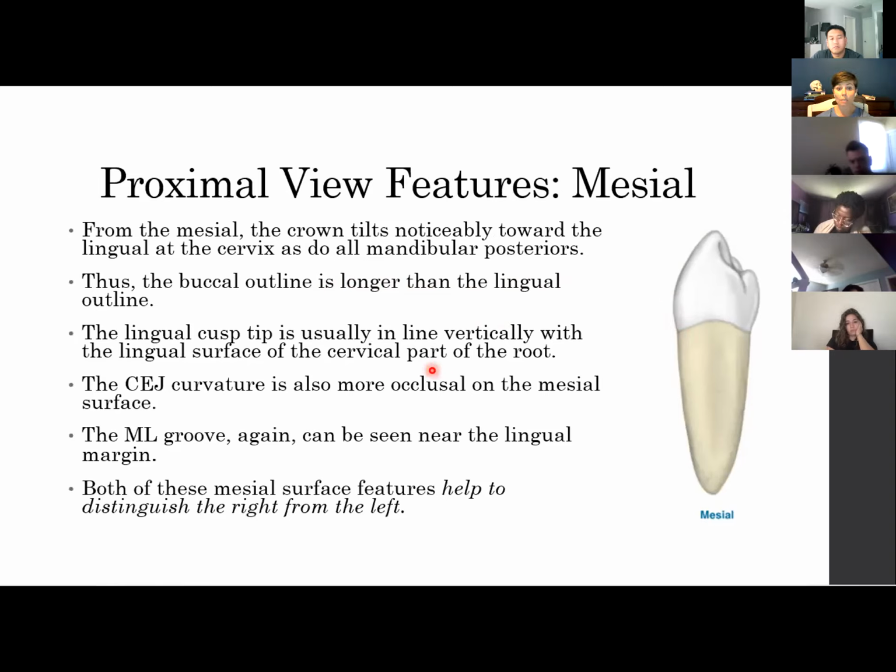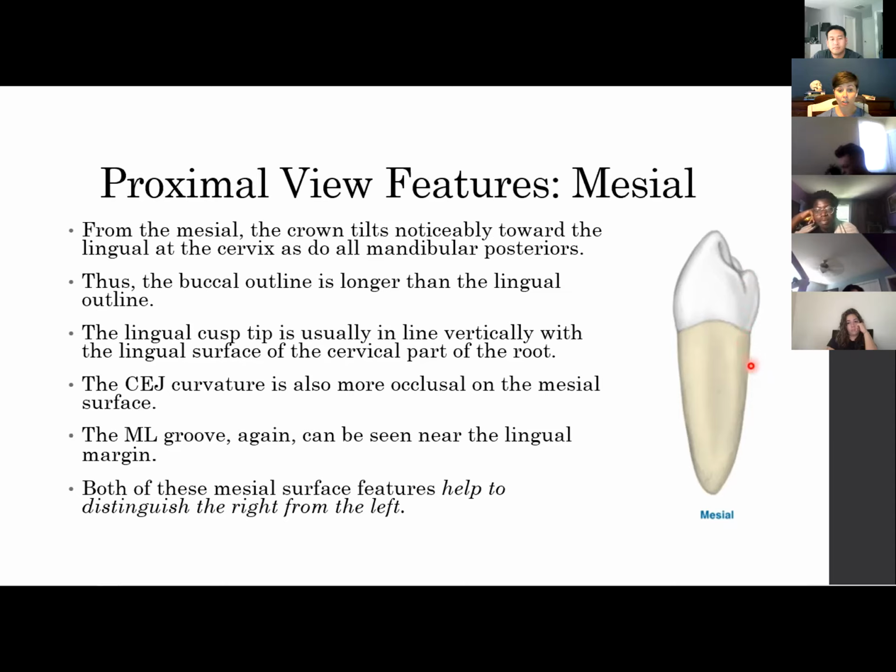Okay, the lingual cusp tip, which is this little tip right here, is usually in line vertically with the lingual surface of the cervical part of the root. So here is that cervical part of the root, and that cusp tip usually lines up perfectly with that. Do you see that? Okay.